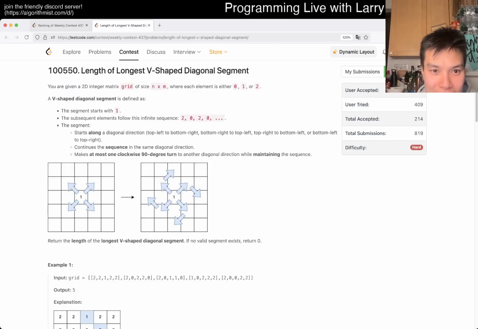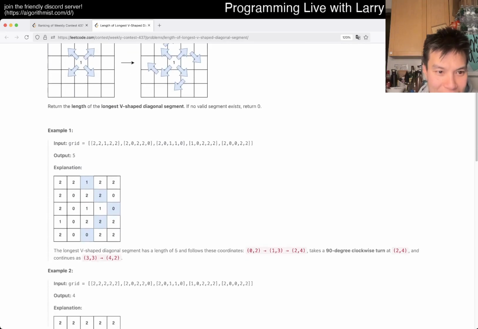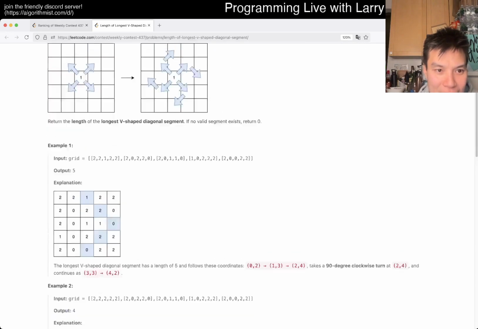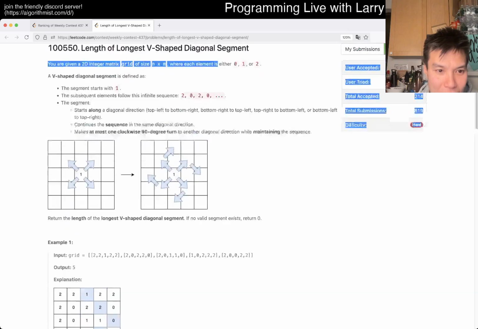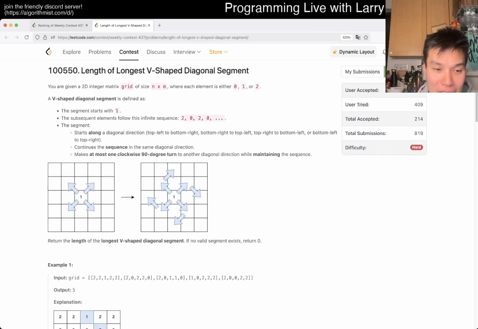I don't know. Alright. Each element is 0, 1, or 2. So we have a grid. Okay, we have a grid, 0, 1, or 2. I'm trying to rush it a little bit. This starts at 1.